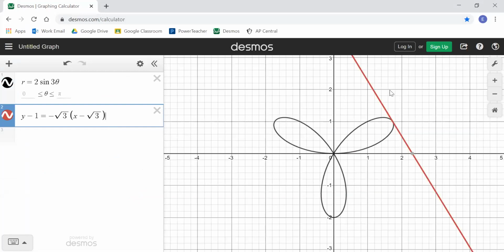And sure looks like that is a tangent line, and it's at theta equals pi over 6, right? That looks like about pi over 6 coming out there where those touch. Everybody good there? Any questions on that?